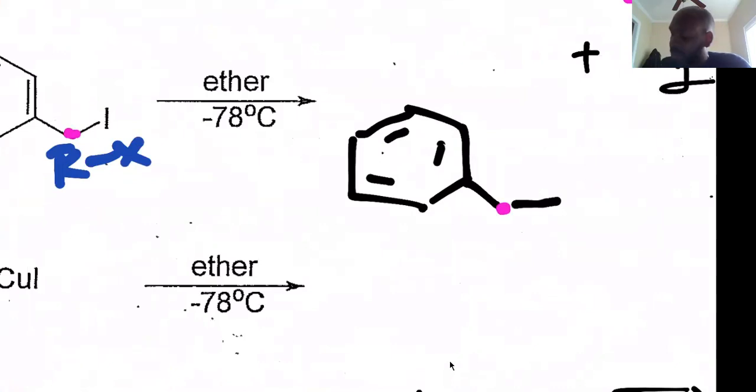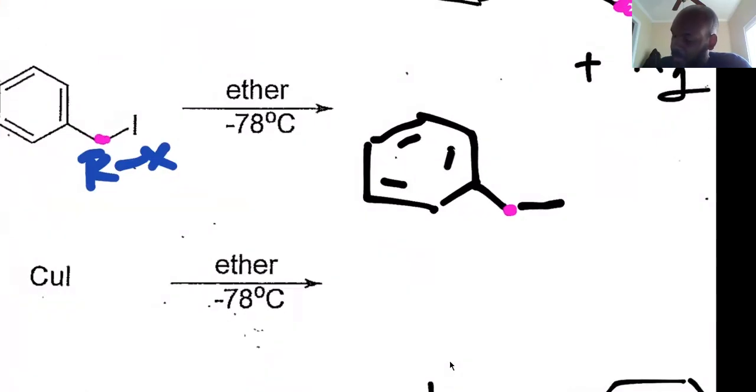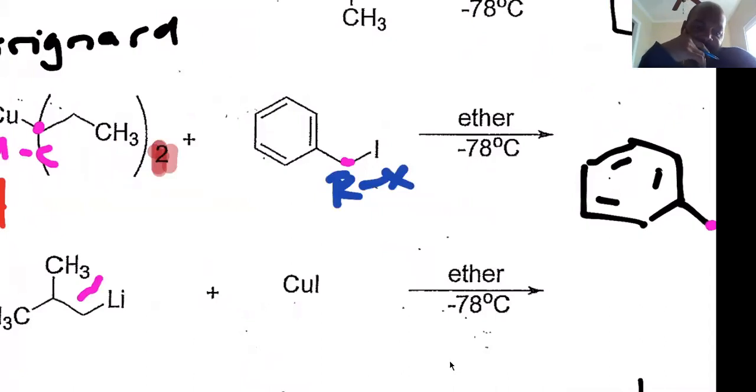And then on the other carbon over here, how many carbons are in that chain? If you start counting from where that pink dot is. 3. 3 carbons.